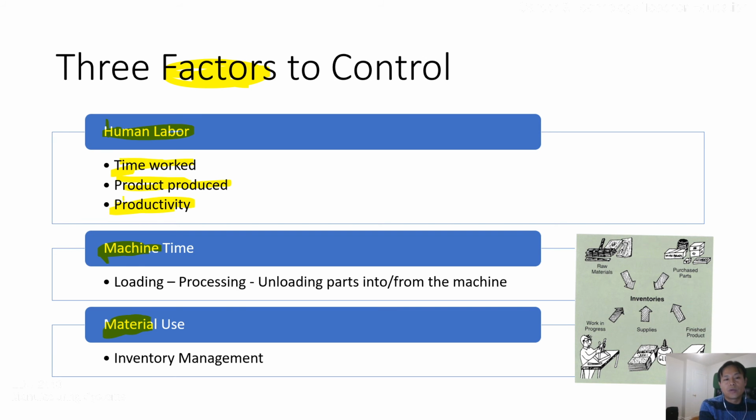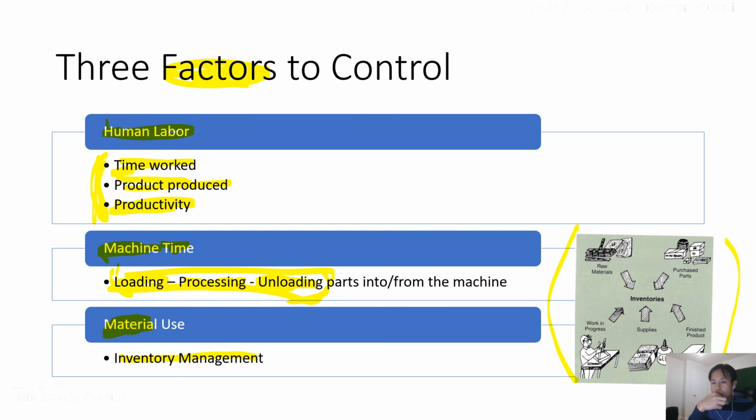So these are 3 elements about human labor management. And machine time mostly includes loading, processing, and unloading. So we can measure the time for loading, processing, and unloading, and then improve the efficiency based on this time data. And then material inventory management.